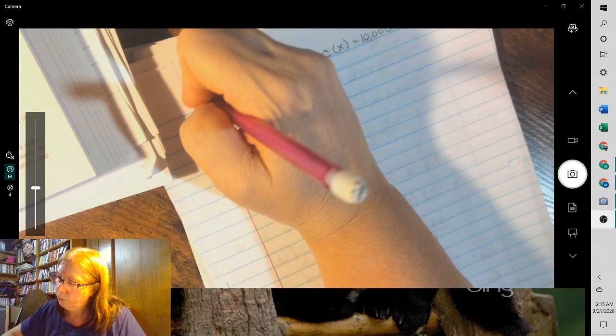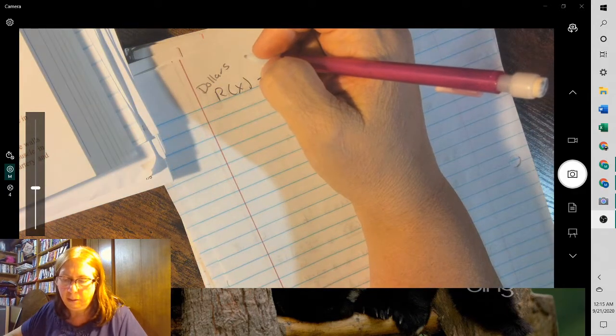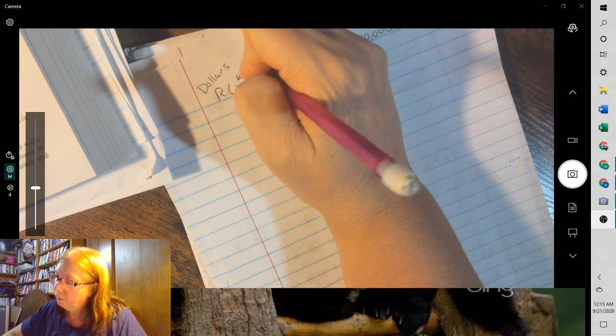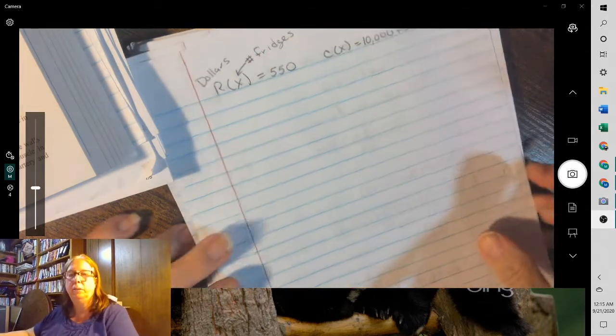Measured in dollars, so they're both dollars. And x is the number of refrigerators produced and sold. So it's the number of fridges.